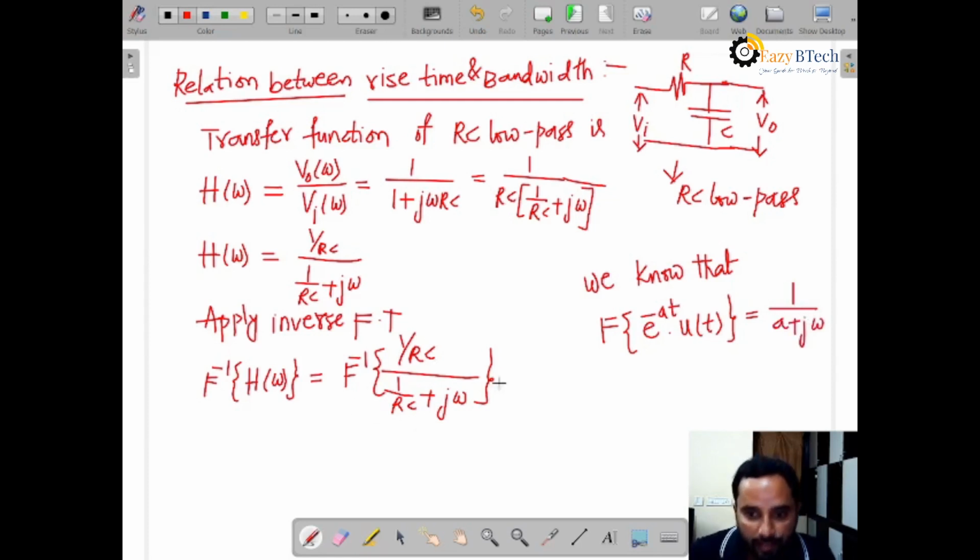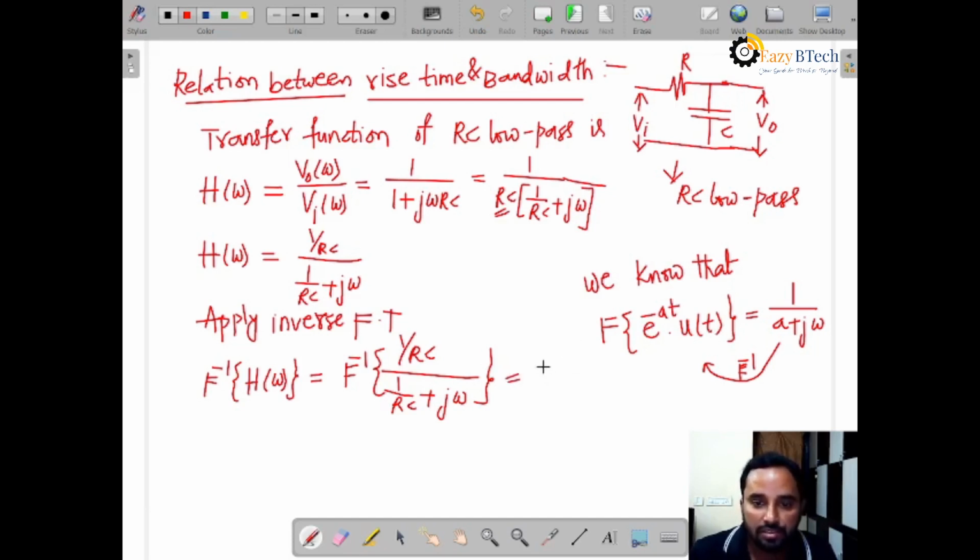So the inverse Fourier transform of 1 by a plus j omega becomes e power minus at u of t. Our situation is the same, which is why I took RC common, so I converted H of omega into the form 1 by a plus j omega.